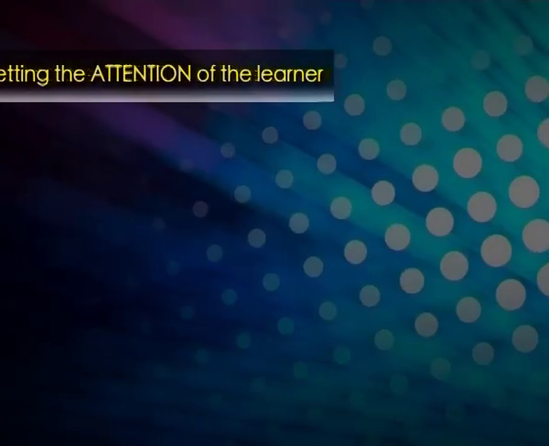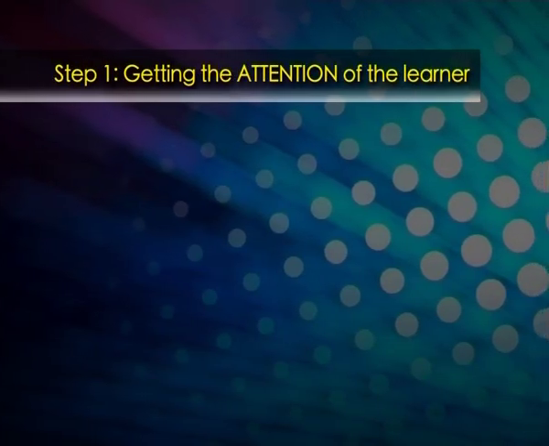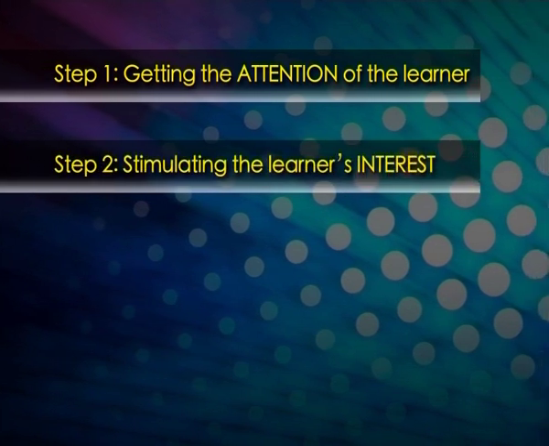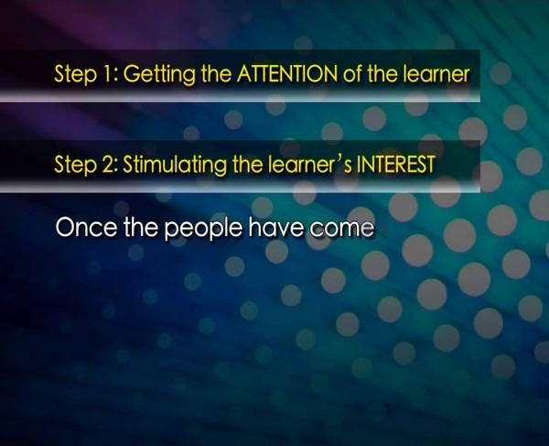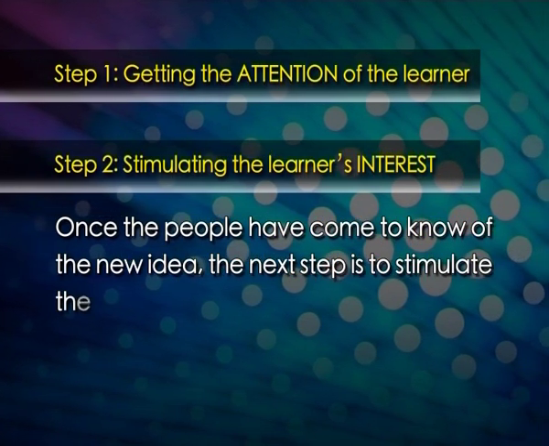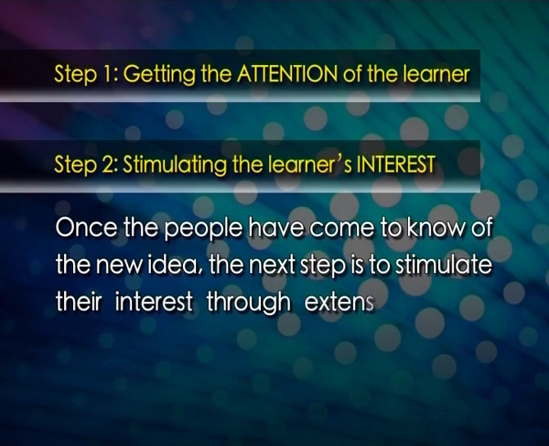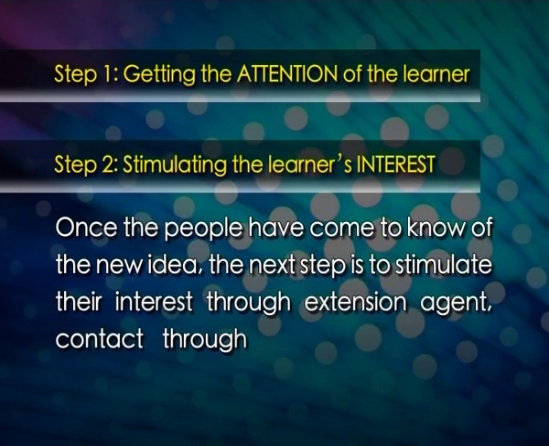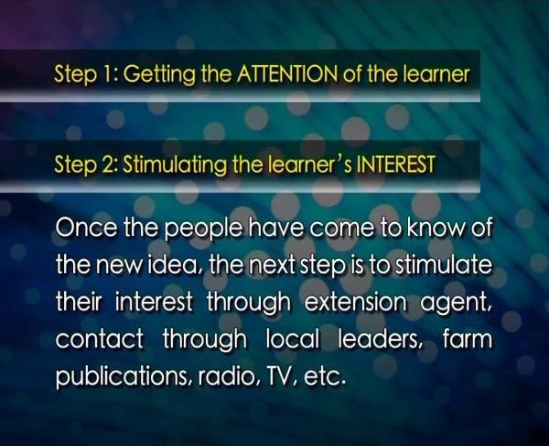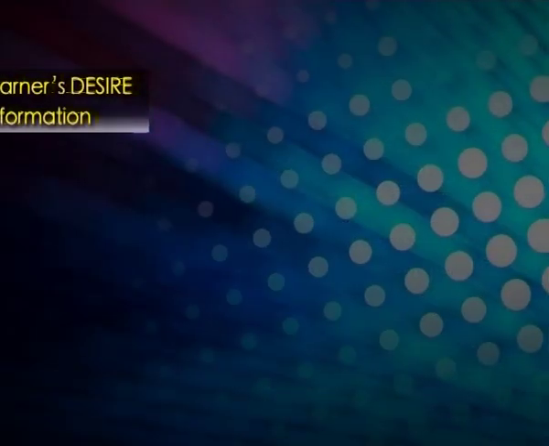Step 1. Getting the attention of the learner. Step 2. Stimulating the learner's interest, which means once the people have come to know new ideas, the next step is to stimulate their interest through extension agents, contact through local leaders, farm publications, radio, TV, etc. Step 3.